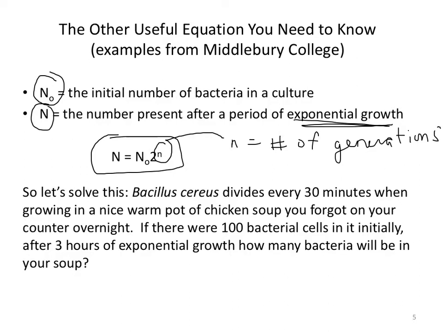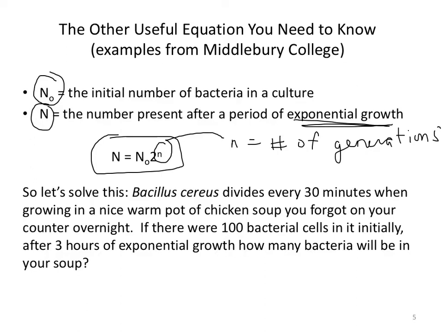Okay? So using that equation and the one from the previous slide, let's solve this problem. Let's say Bacillus cereus, a gram-positive endospore-forming bacterium, divides every 30 minutes when growing in a nice warm pot of chicken soup you forgot on your counter overnight. We're going to assume constant temperature here. If there were 100 bacterial cells in it initially, after 3 hours of exponential growth, how many bacteria will be in your soup?